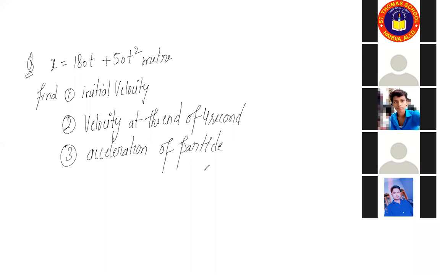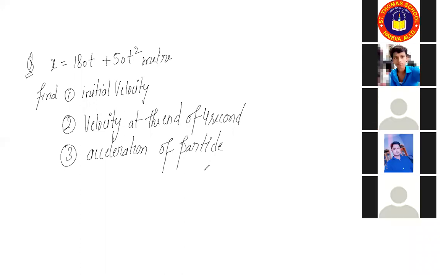It's very simple. If they are asking for the initial velocity and you have been given the position, you will just differentiate it with respect to t. You will get the velocity, and you have to put t is equal to 0. If you put t is equal to 0, you will get the initial velocity.